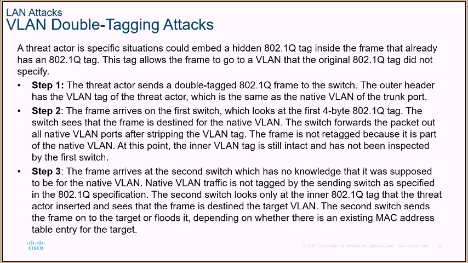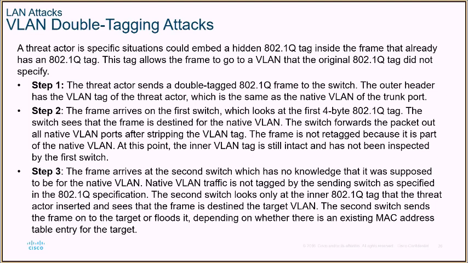The outer header has the VLAN tag of the threat actor, which is the same as the native VLAN on the trunk port. The frame arrives on the first switch, which looks at the 802.1Q tag. The switch sees that the frame is destined for the native VLAN. The switch forwards the packet out all native VLAN ports after stripping the VLAN tag. The frame is not retagged because it is part of the native VLAN.